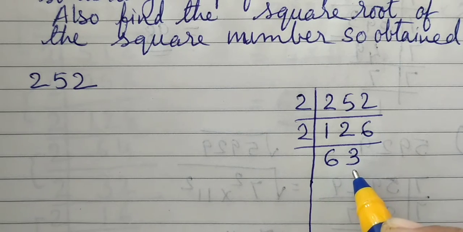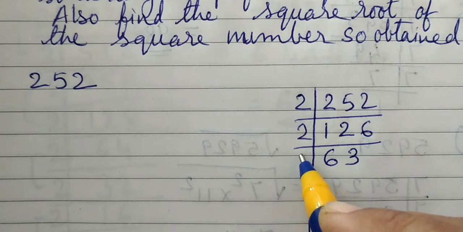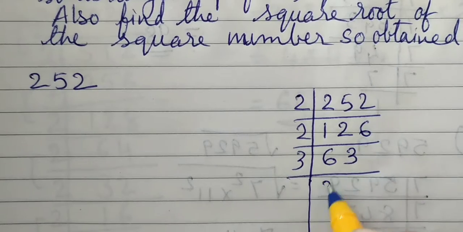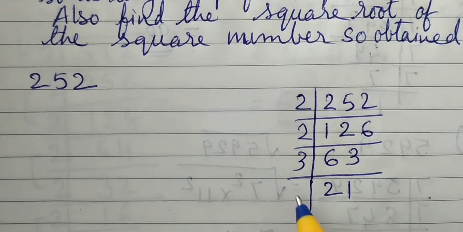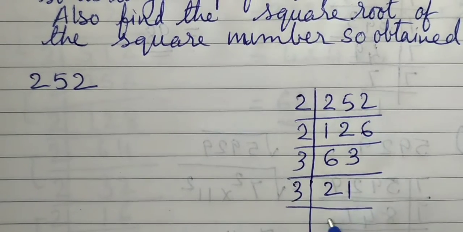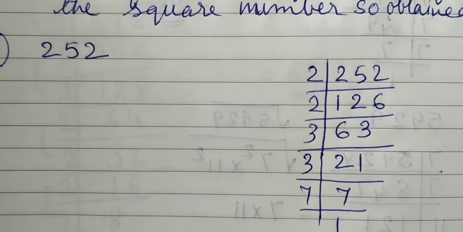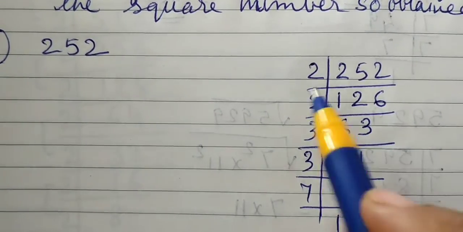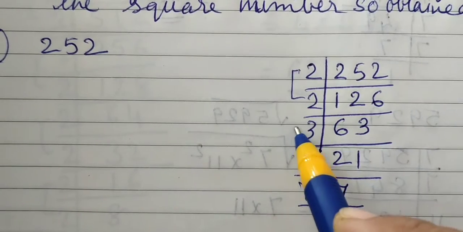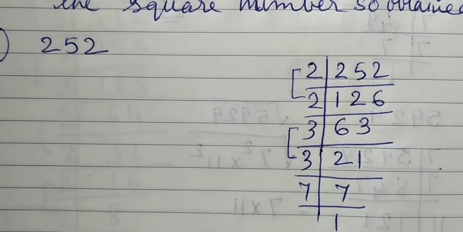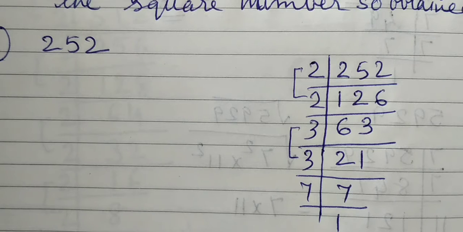Now this is not divisible by 2, so I will check whether it is divisible by 3 or not. 3 2s are 6, 3 1s are 3, again 3 7s are 21, 7 1s are 7. Now you can see here you have one pair, this pair of 3, but 7 is left alone.